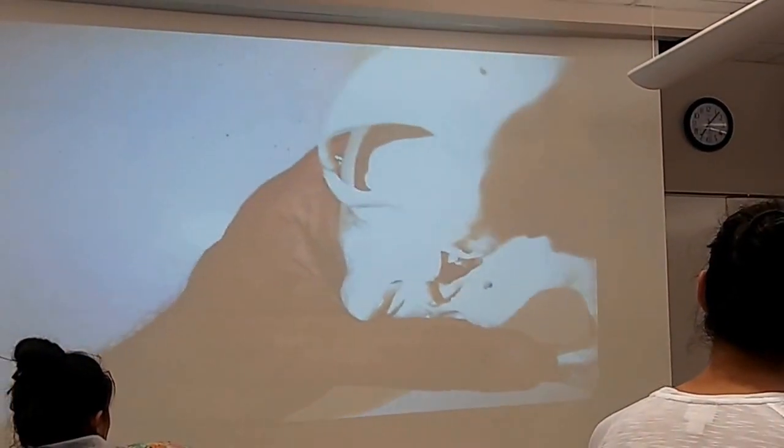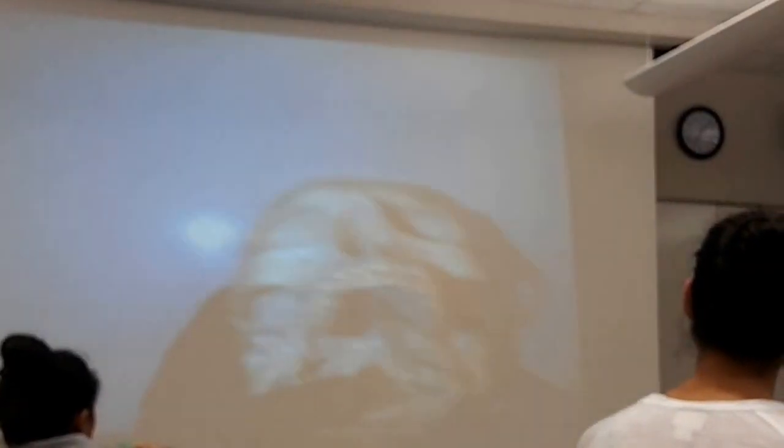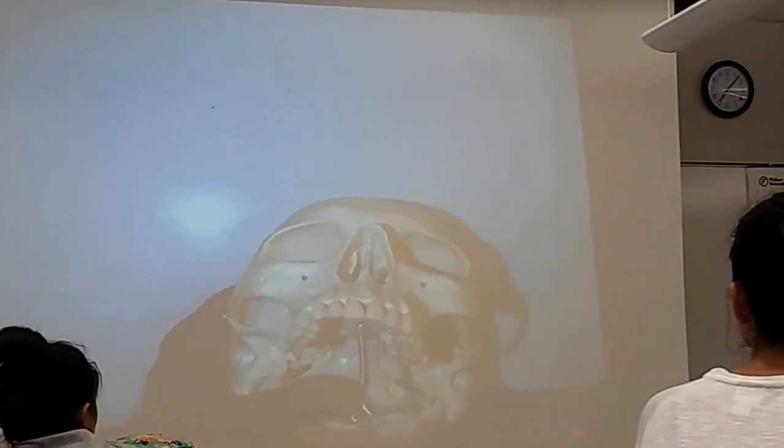It's not like a single hole, but more than one structure passing through. When you get to know the cranial nerves, you will realize 2 or 3 cranial nerves are passing together with the jugular. Are we good? Good.